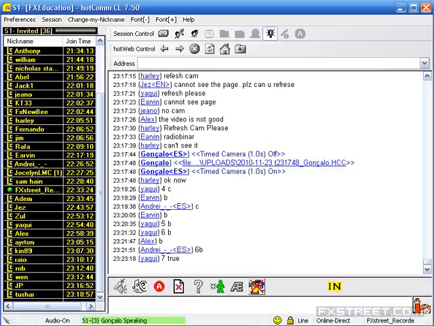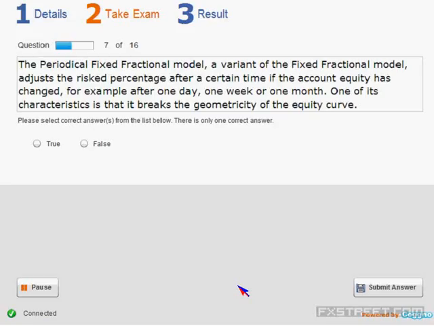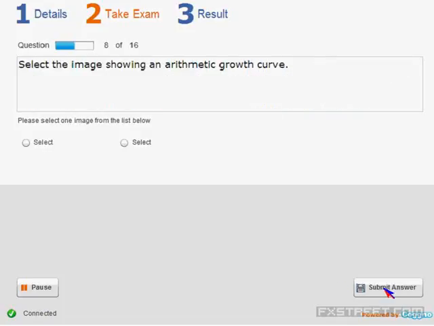We have a true here. Does it break the geometricity of the equity curve? True. Okay. We will see an image comparing a geometric curve in a minute. Let me submit the answer.